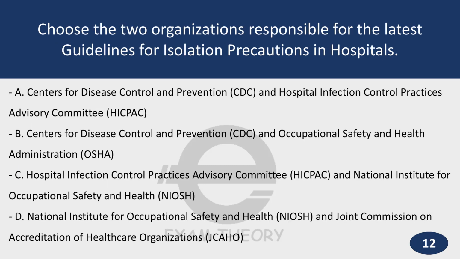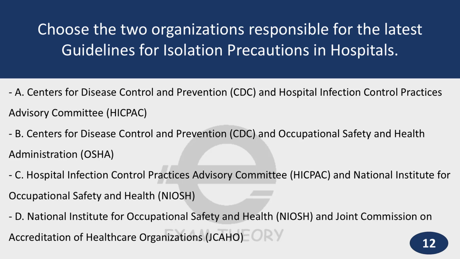Choose the two organizations responsible for the latest guidelines for isolation precautions in hospitals. A. Centers for Disease Control and Prevention, CDC, and Hospital Infection Control Practices Advisory Committee, HICPAC. B. CDC and Occupational Safety and Health Administration, OSHA.